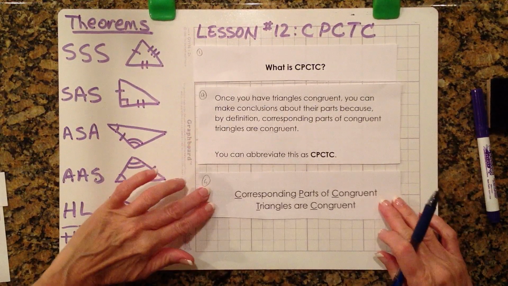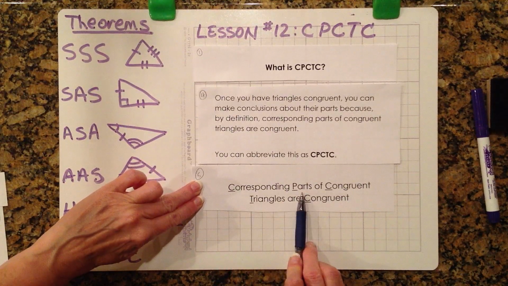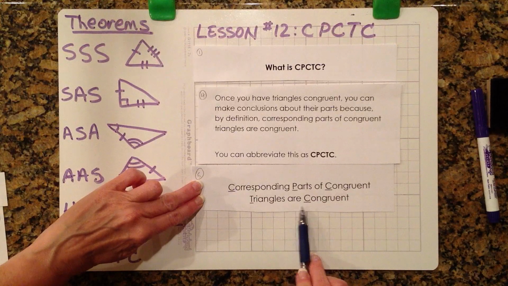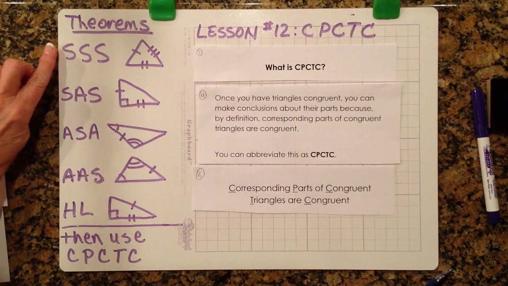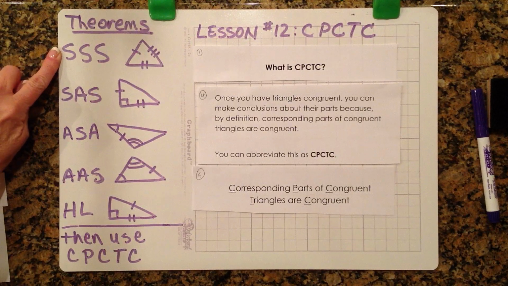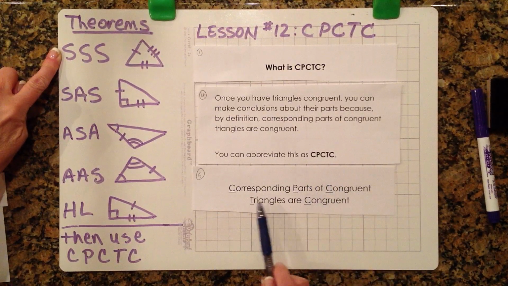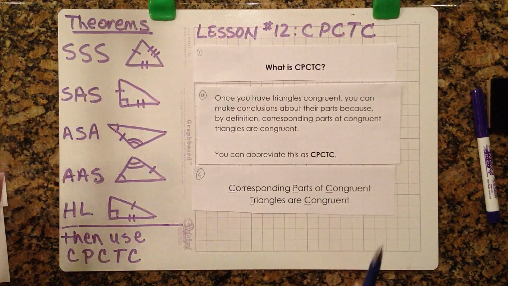Even though we used only side, side, side, for example, to prove that 2 triangles are congruent, because of CPCTC, all the corresponding parts, meaning all the angles, are going to be congruent also.